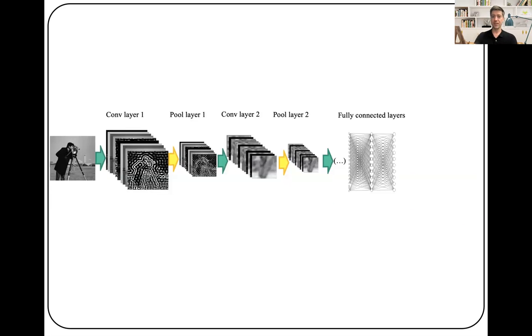So let's say you want to do classification. At some point, you will need to take the output, typically of a pooling layer. And suppose that now your output has a resolution of 1.